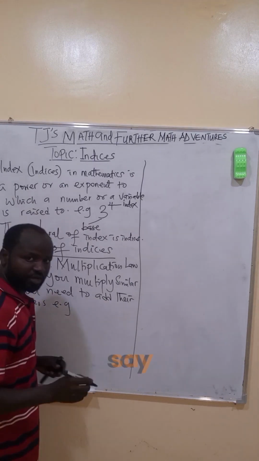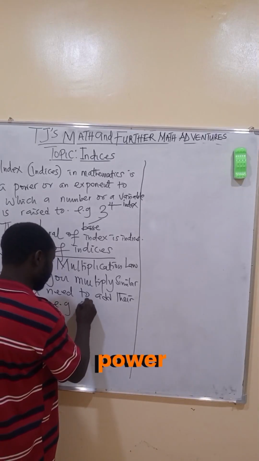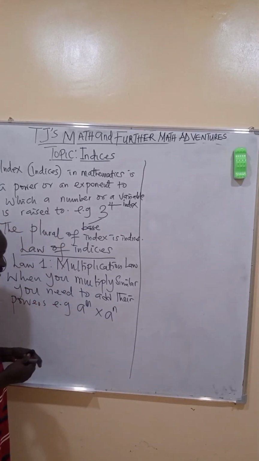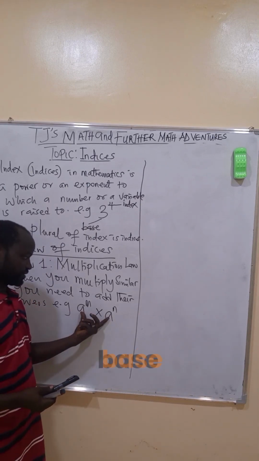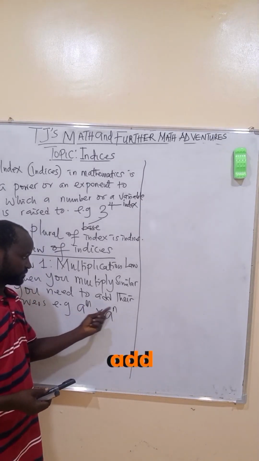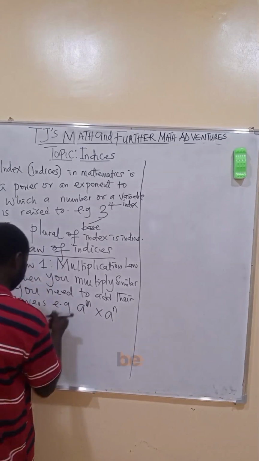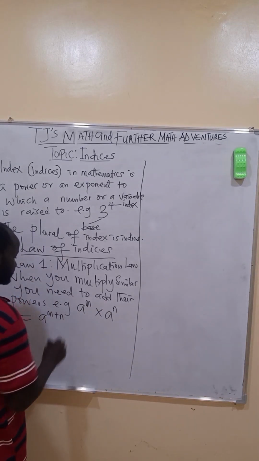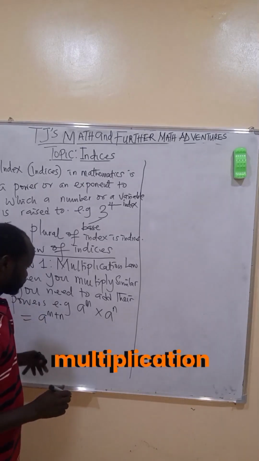E.g., if let's say we have a power m times a power n, these are similar terms in the base, and we are multiplying, we have to add their powers. So this will be a power m plus n. This is what we mean by multiplication law.